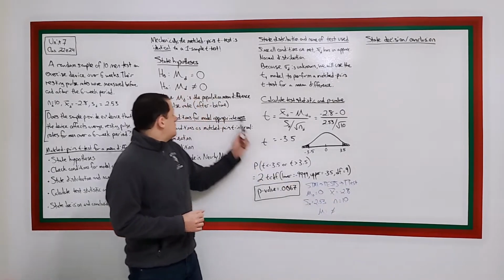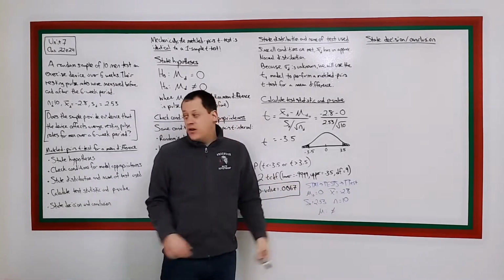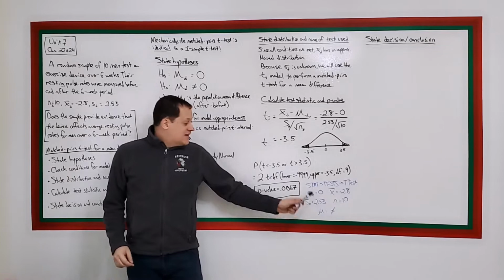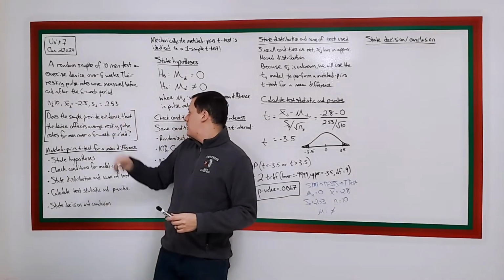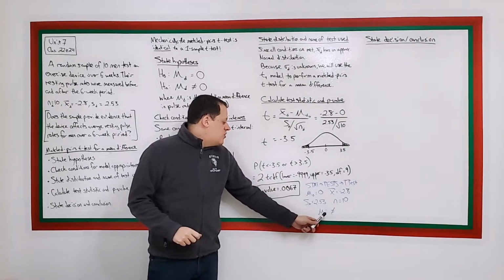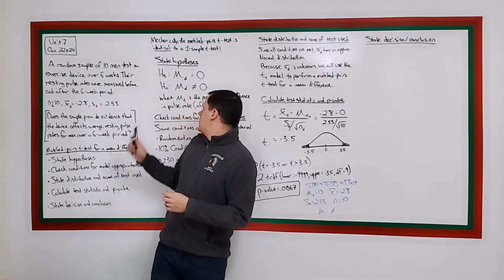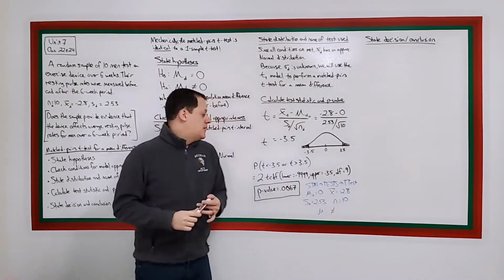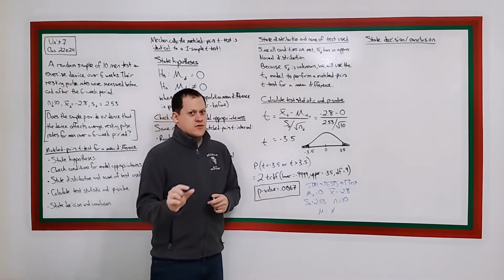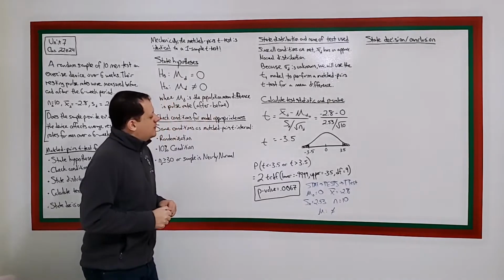Mu naught is 0. X bar is the negative 2.8. Sx is 2.53. N is 10. And mu is not equal to, to reflect our two-sided test. And you should get a p-value either 0.0067 or very, very close to it if you round.